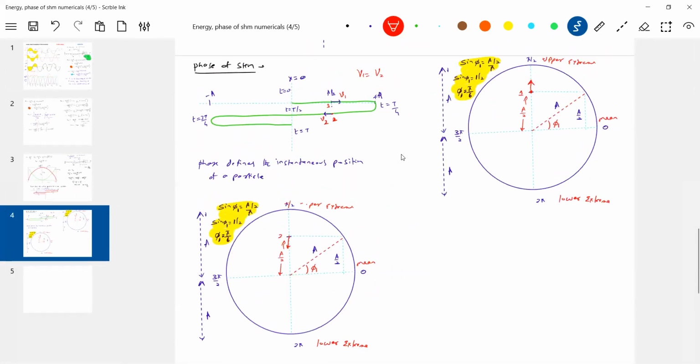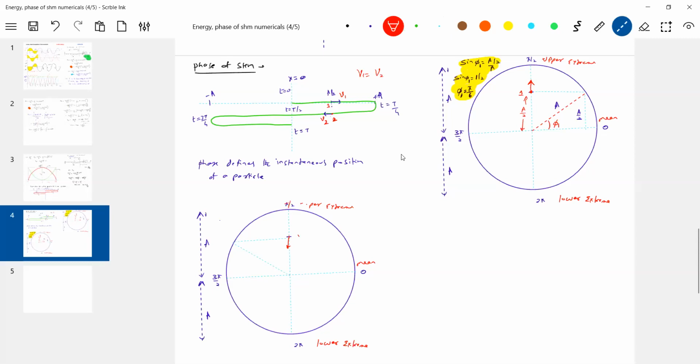I'm making you look at the graph. Now you carefully tell this one. The particle will be here, no? So what is the phase? Now we should define it in this way.